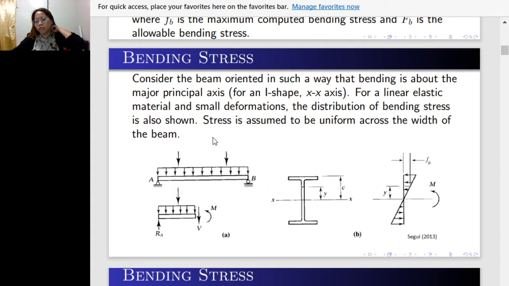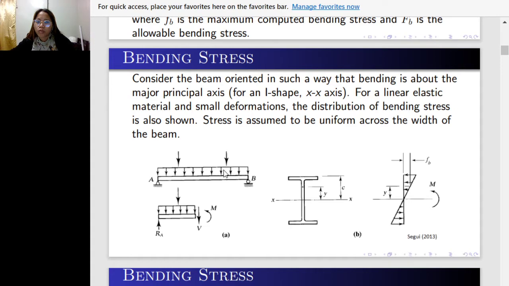Now, stress is assumed to be uniform across the width of the beam, especially below the yield stress. For example, here we have a simply supported beam with uniform load and concentrated load.